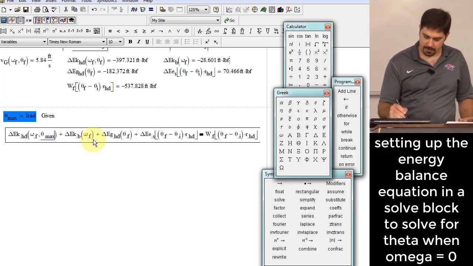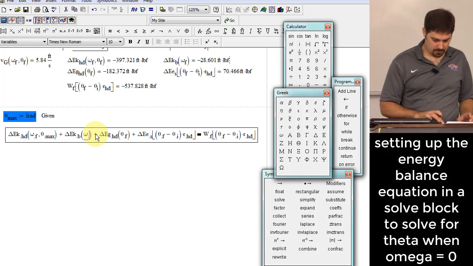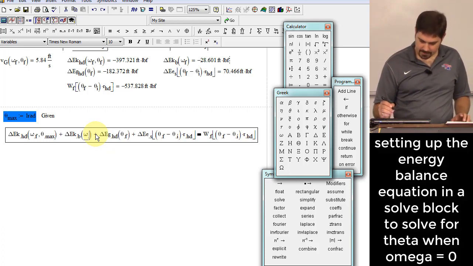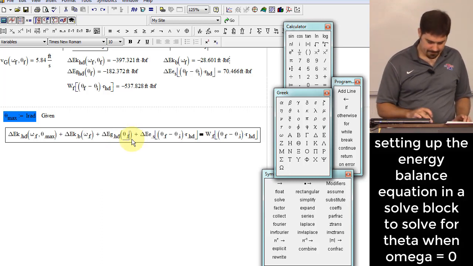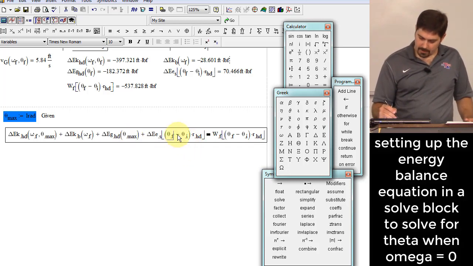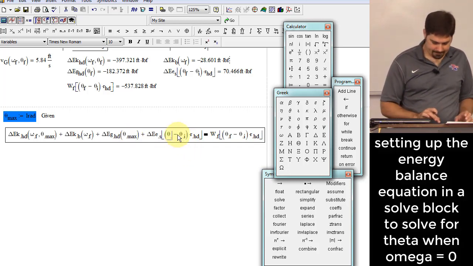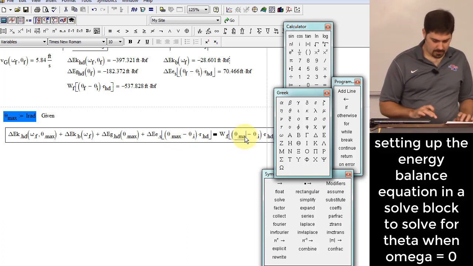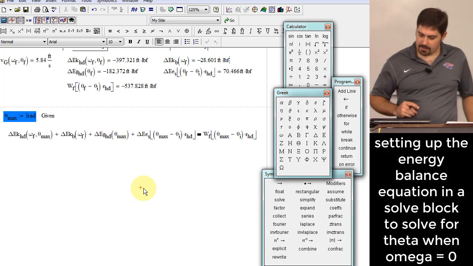So that's one of the things I have to do. Oops. That's not a theta. This one's a theta. Okay. Here I need to put in a theta max. And here I need to put in a theta max. Okay, that's one of the things I need to do.